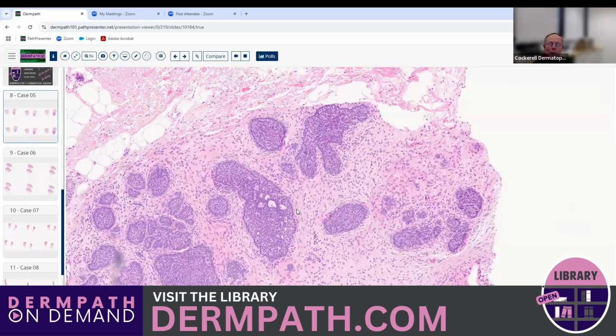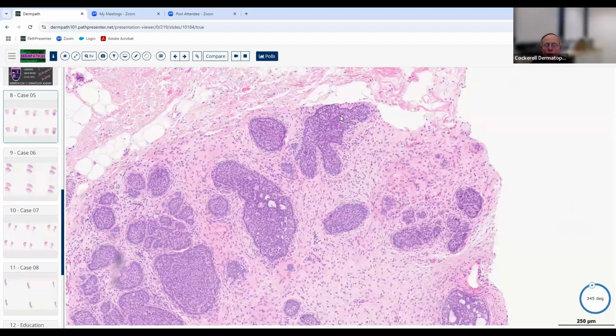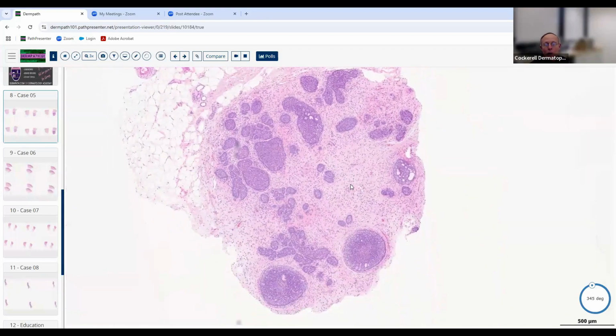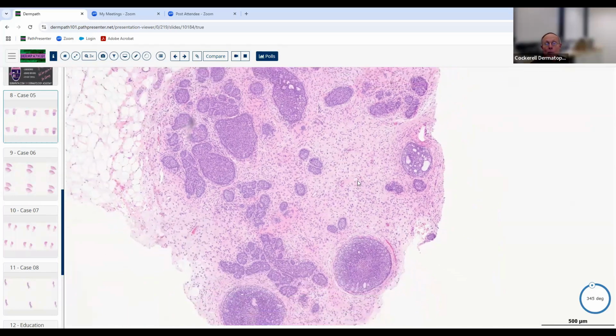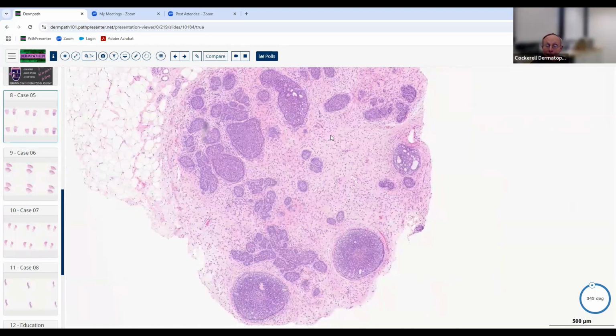Trichoepithelioma is going to give you more of these well-differentiated areas with more papillary mesenchymal bodies. And this is an interesting lesion because it has so much stroma. Often you look at a trichoblastoma and maybe about 80% of it is epithelial and maybe 20% is stroma. Here we've probably got about 60-40. It's more stroma than epithelial.